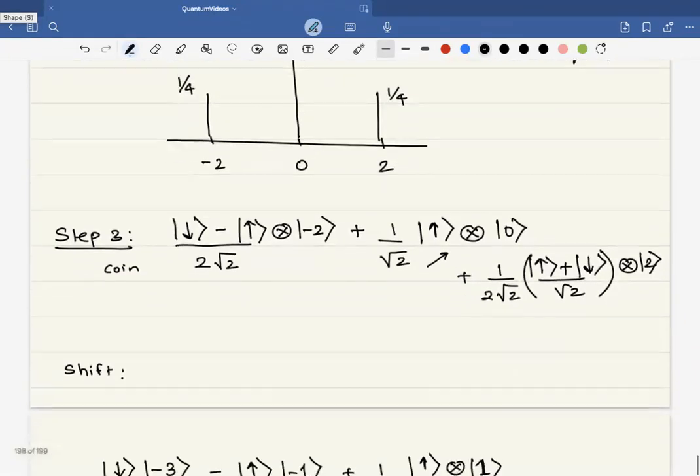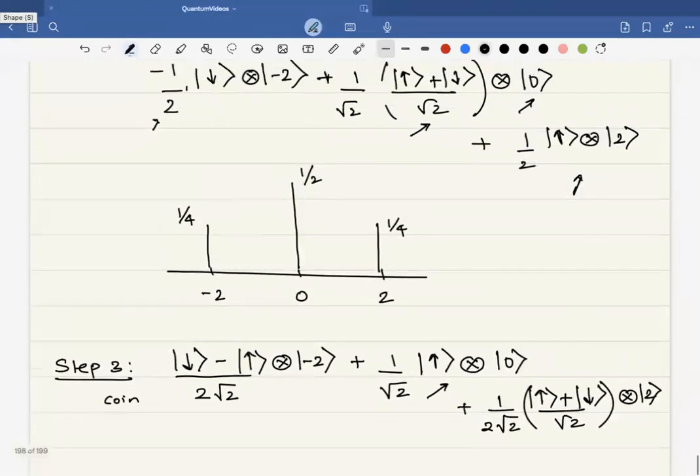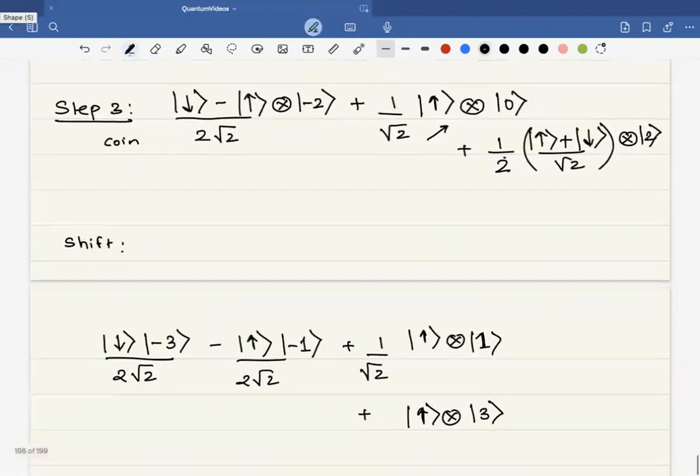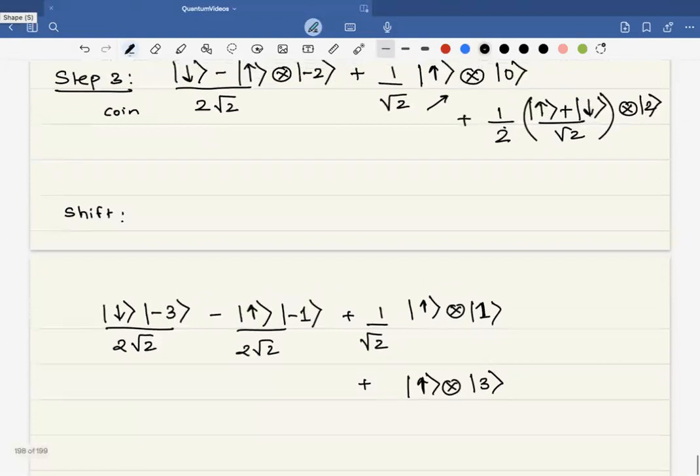There's some mistake over here. This should be 2, right? So this is not quite right. This should be 2, right? So this is going to be up over 2√2 plus down tensor 1 over 2√2.